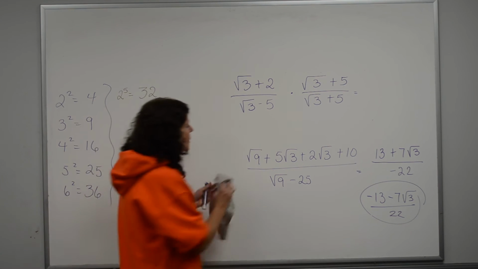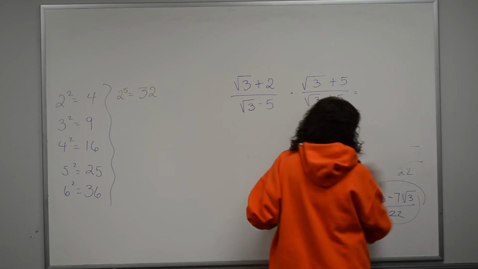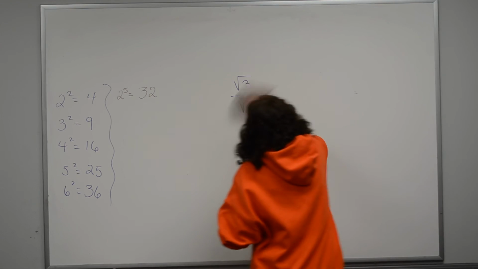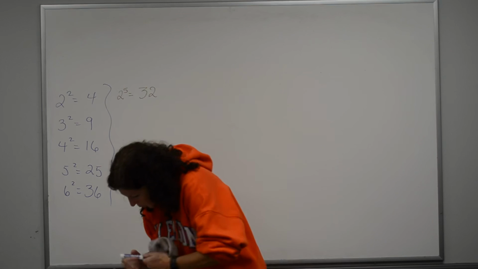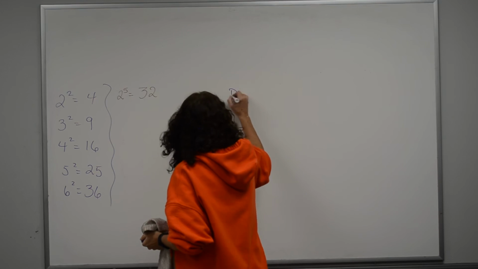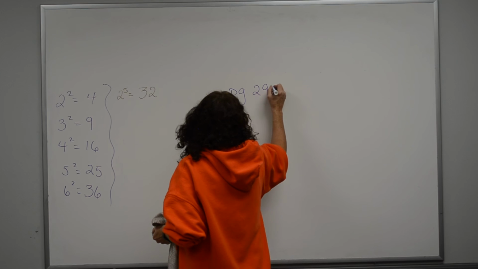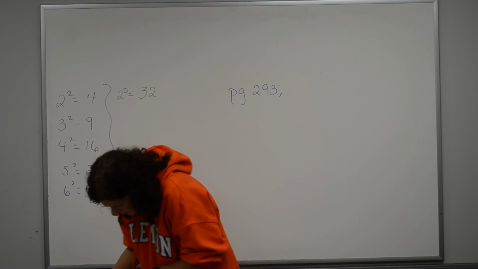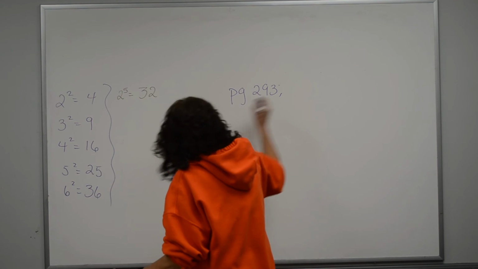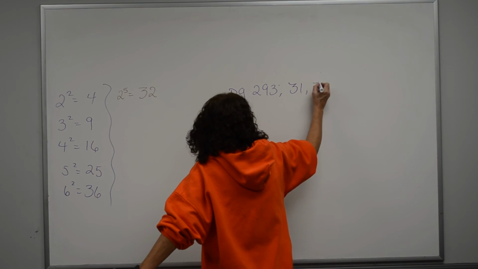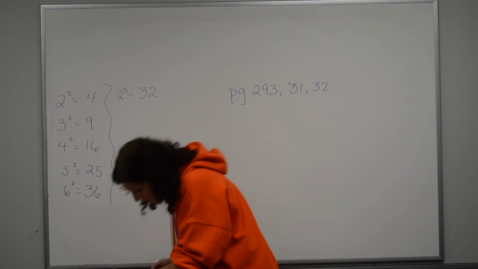All right, I'm going to give you your homework. It's the same page as that second part of your homework before. It's on page 293. Now, if you remember right, we did a couple of these. So I want you to do 31 and 32, because those two we skipped.